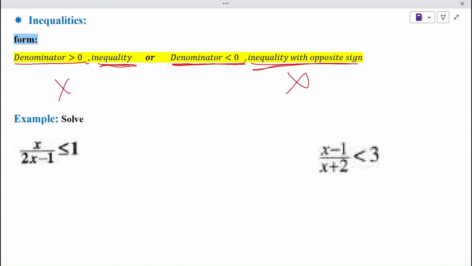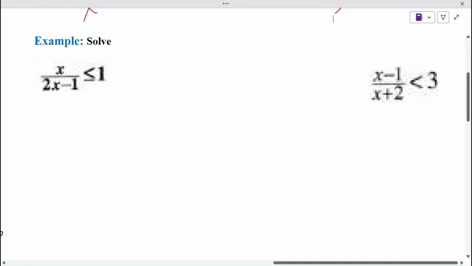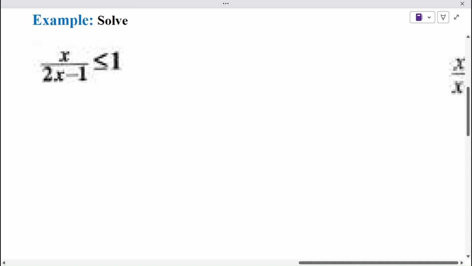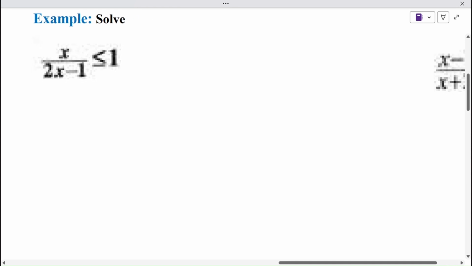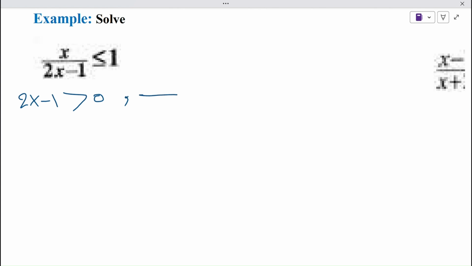Let me solve this question. Okay. Look at this question. At the first, let's write the form. Denominator, it means 2x minus 1 is greater than 0, comma. Our inequality, write down x over 2x minus 1 less than or equal to 1. Okay.